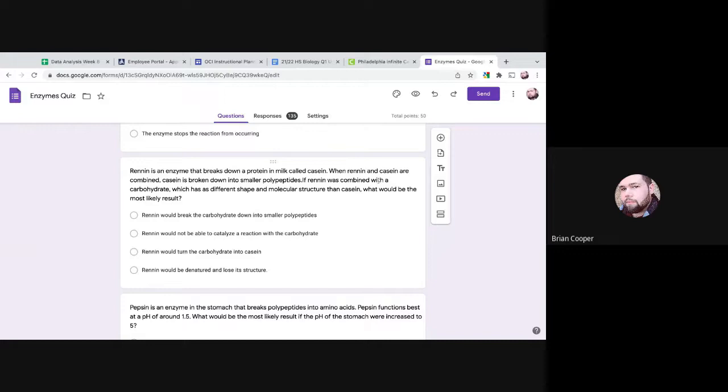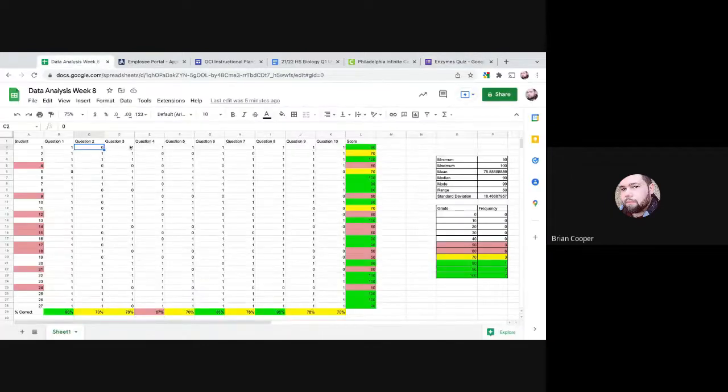So this is an application question. They needed to understand how enzymes work and how the enzyme-substrate complex works and be able to apply that to a different situation. One thing I feel I could do in the future is provide more opportunities for students to apply their knowledge to unfamiliar situations.